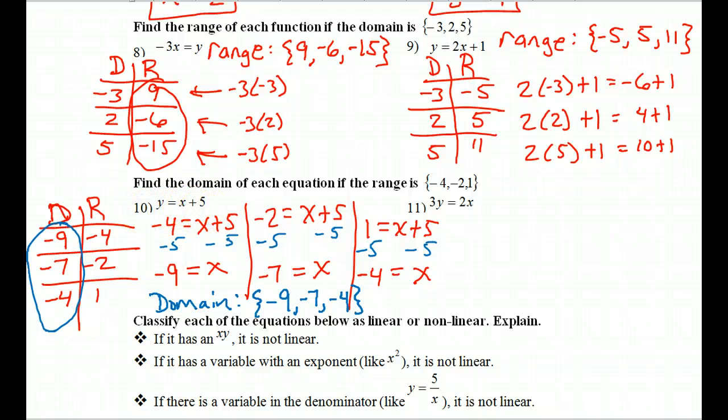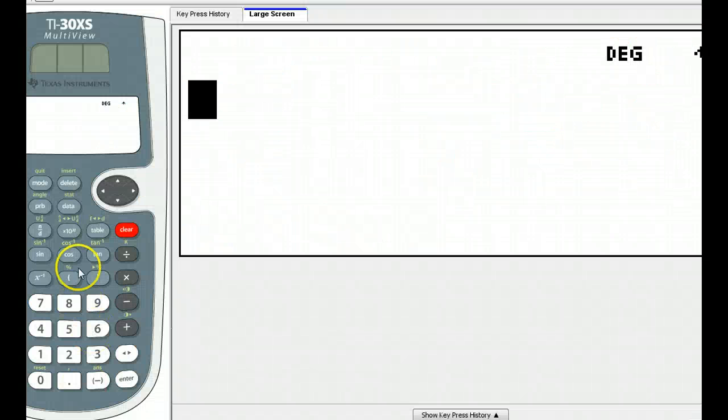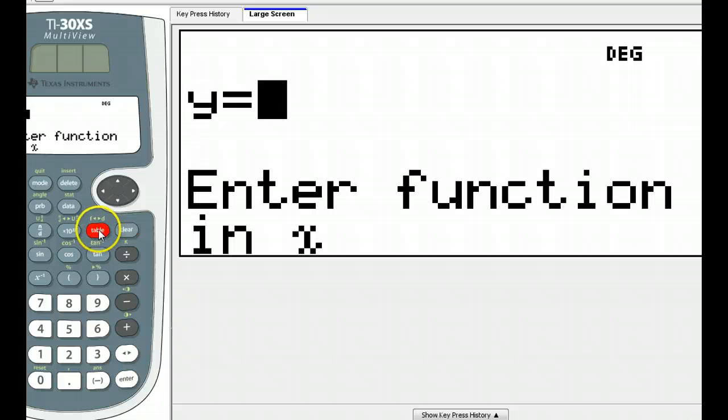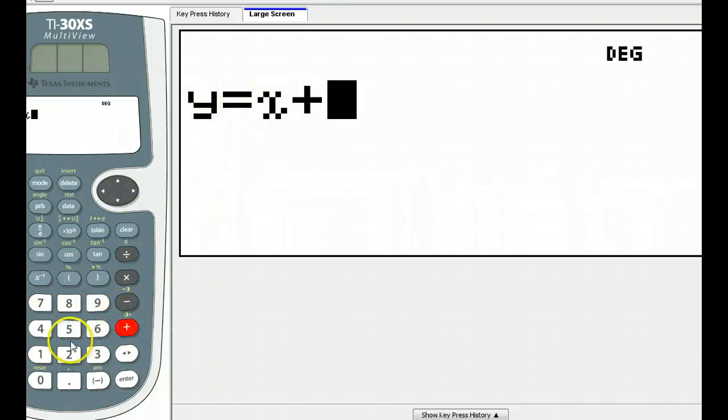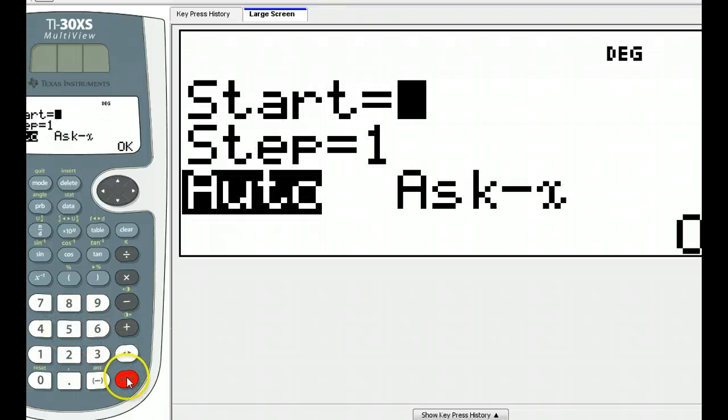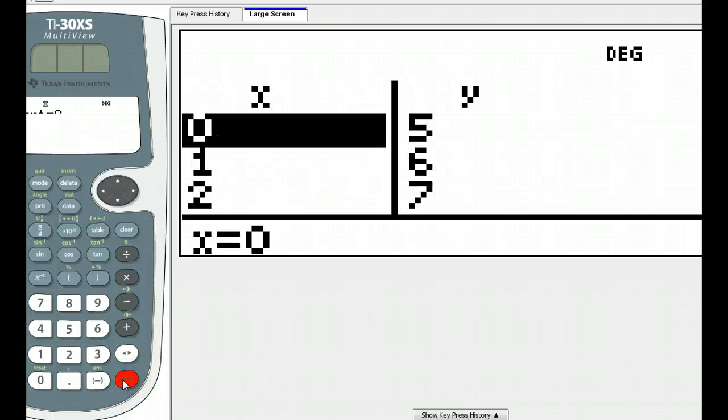Y equals x plus 5. So remember, your calculator has a table button on it. So press that table. It says y equals, so we could just type in x plus 5. If we hit enter a few times, until we get the table going.